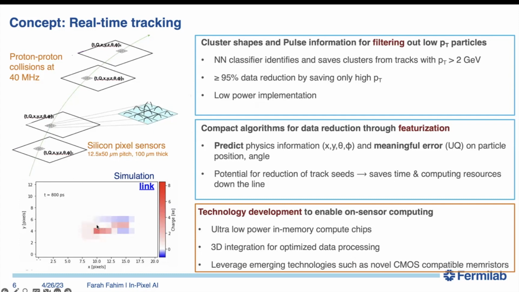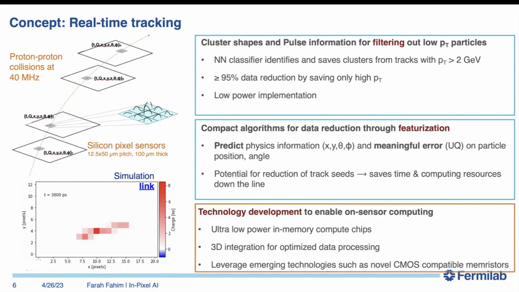You can see that as the charges are integrated by the electronics, the shape of the cloud evolves. So our hypothesis, or at least what we're trying to study, is: can we use this cluster shape and this pulse information for filtering out low momentum particles?